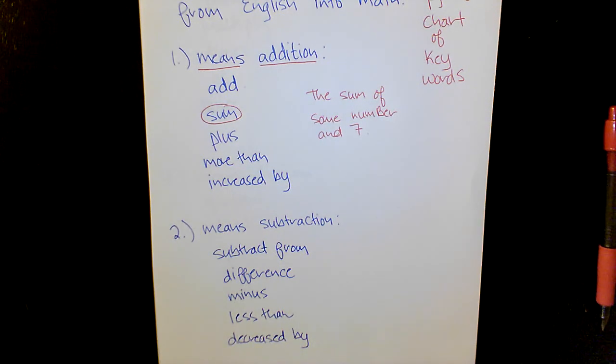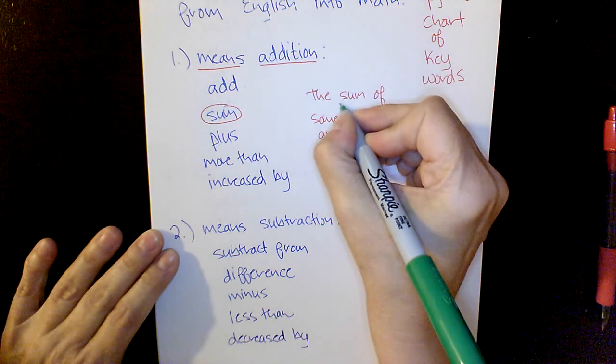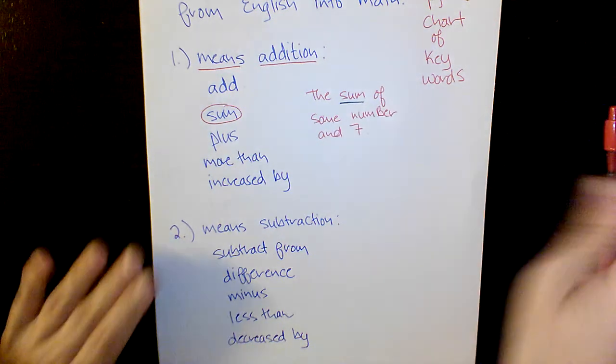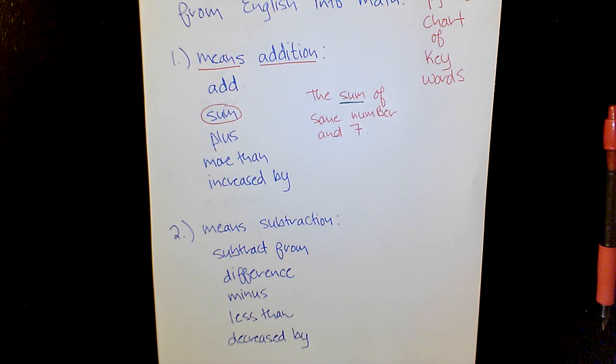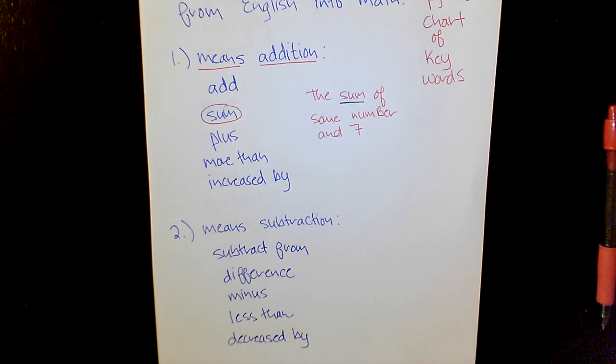I want to take that sentence and write a math expression. I see my keyword sum, so I know right away I'm going to be adding. Hawks will tell you what letter or variable they want you to use.